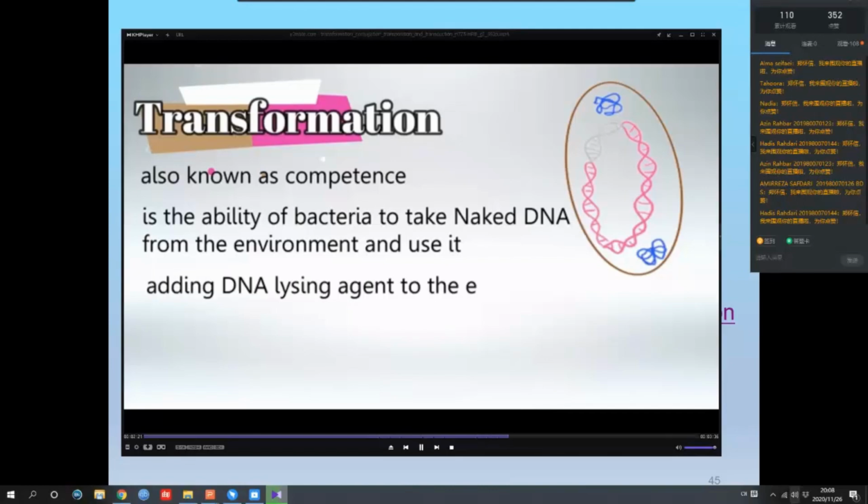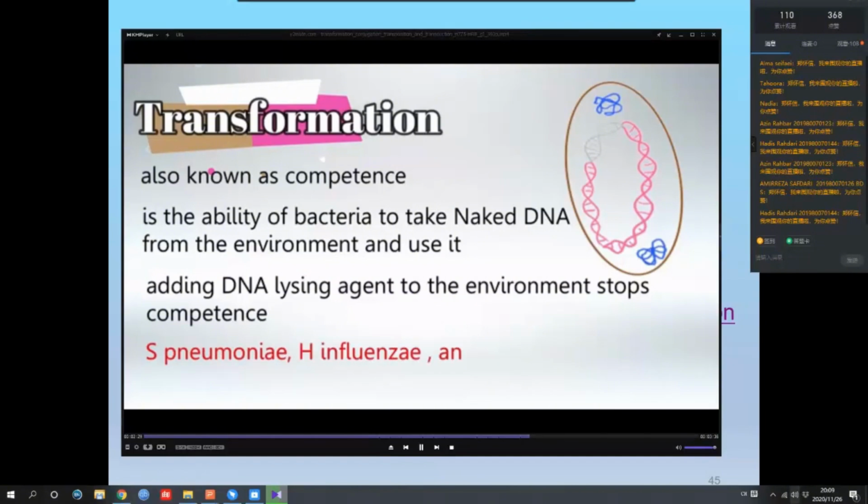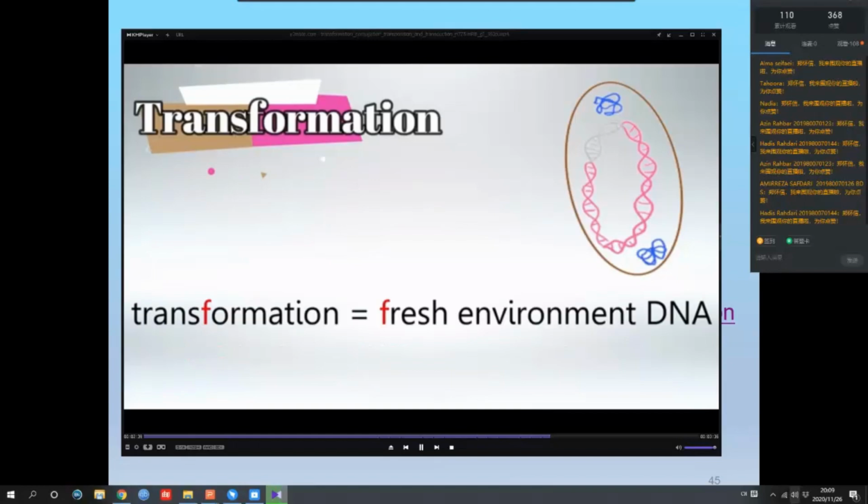However, if we add a DNA lysing agent into the environment, it will degrade the DNA and the bacteria will not be able to use it. We see this exclusively in Streptococcus pneumoniae, H. influenzae, and Neisseria. So remember, transformation for fresh DNA.